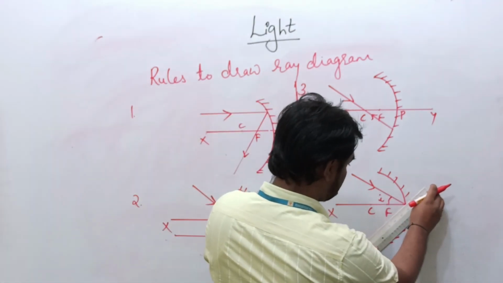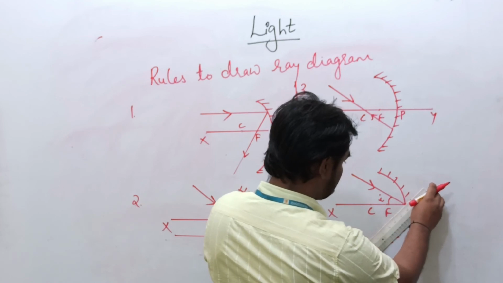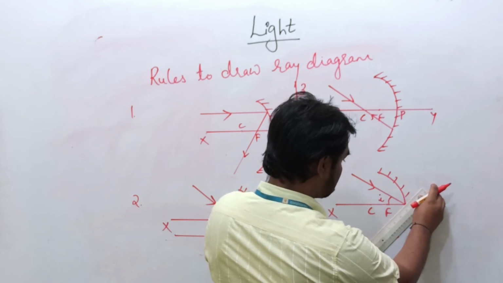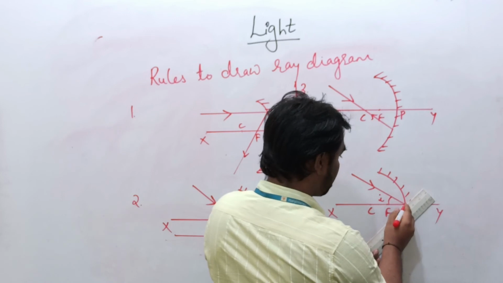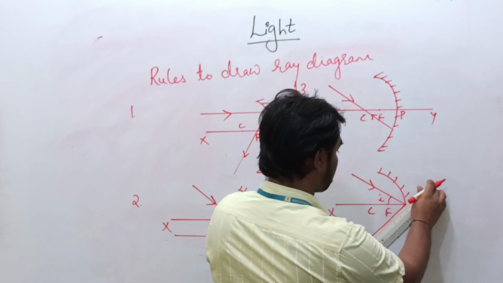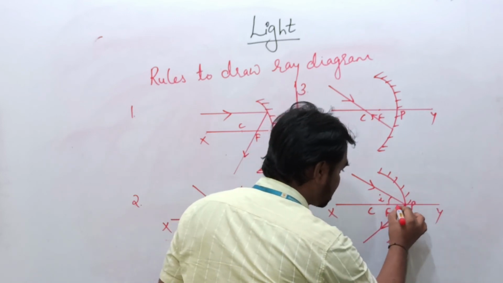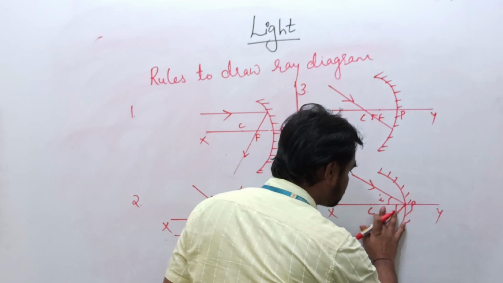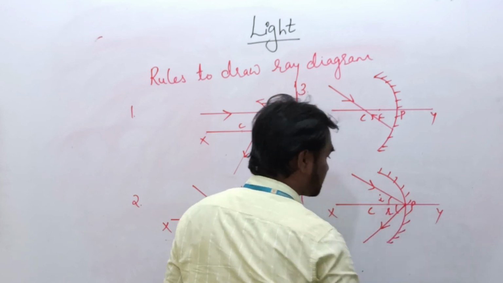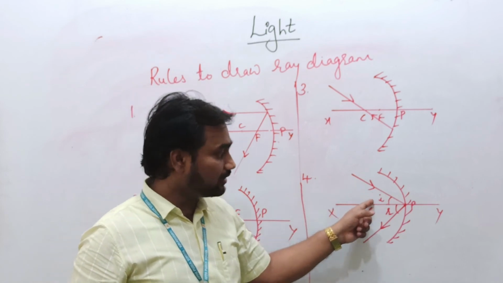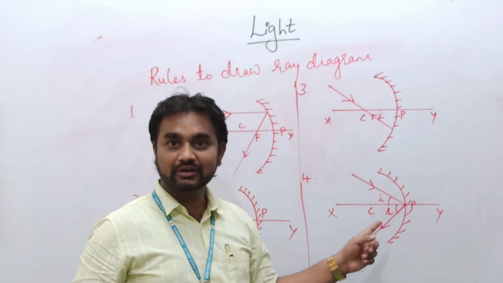So the light ray that is reflected would be at the same angle as the angle of incidence. This is the reflected ray, so here the angle of incidence will be equal to the angle of reflection.